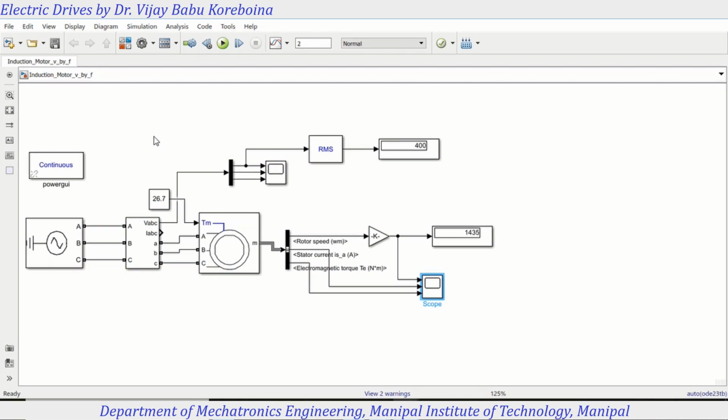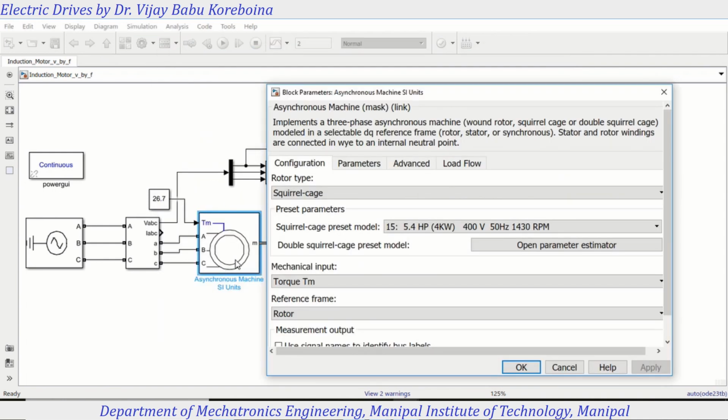In order to have a better understanding, I've taken a MATLAB simulation as an example. For the scalar control, let us see this induction motor. I've selected a 5.4 HP, 400 volt RMS line to line voltage, 50 Hertz, 1430 RPM.